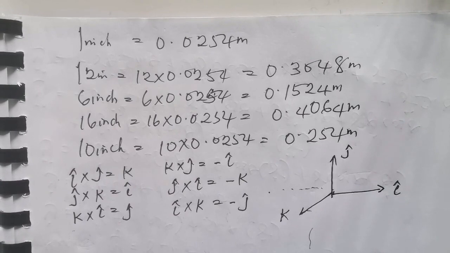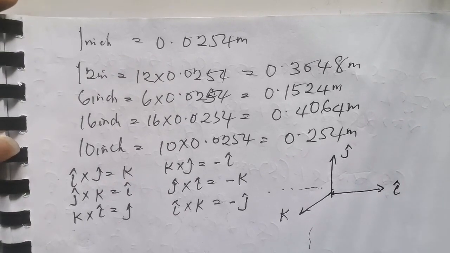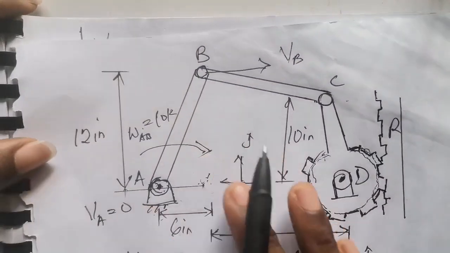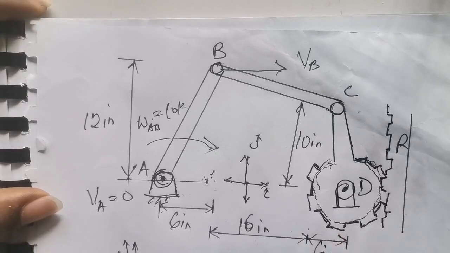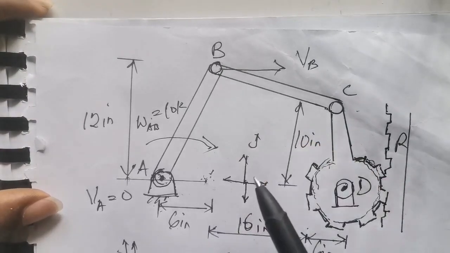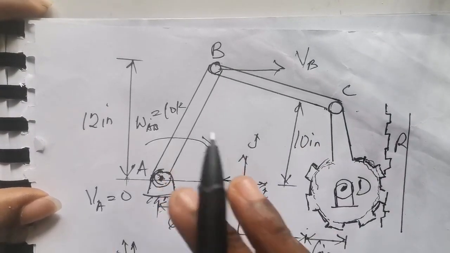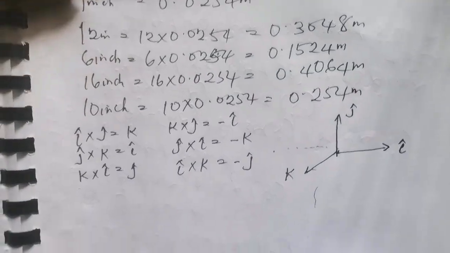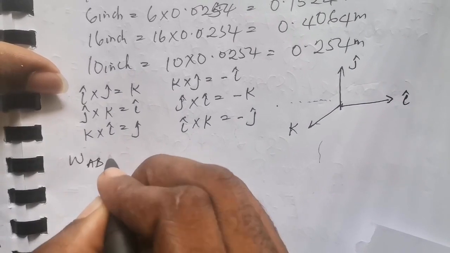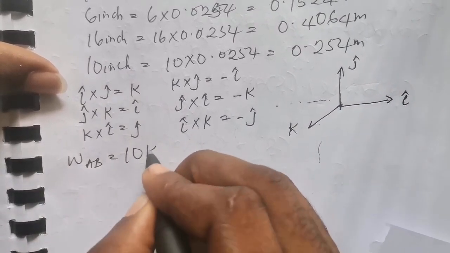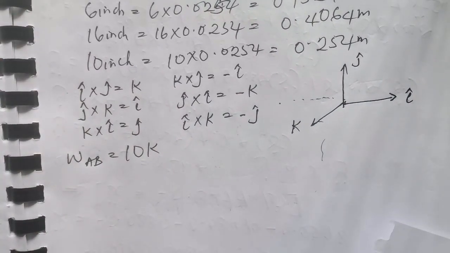So keeping all of this in mind, I've also said that only the angular speed moves in the K direction. And from the question, we are given that arm AB rotates with an angular velocity of 10 radians per second. So this simply means that the angular speed of arm AB, omega AB, is equal to 10 in the K direction, because it is only the angular speed that moves in the K direction.